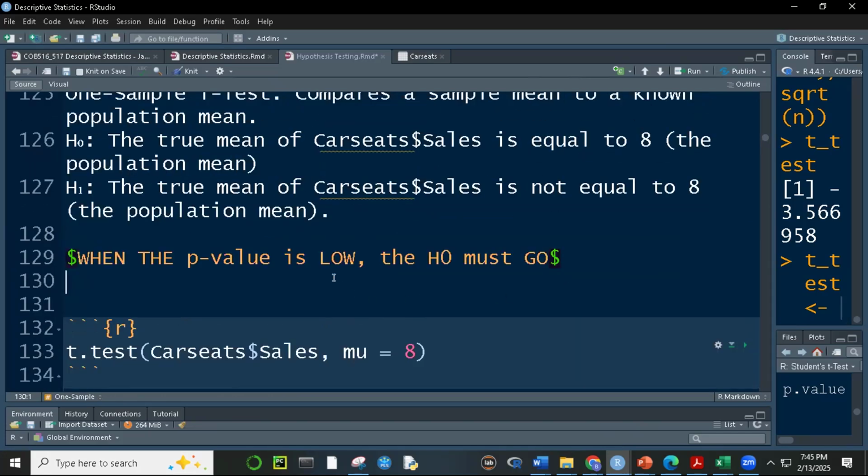It's very low compared to the alpha, our level of significance, which is 0.05. So alpha is equal to 0.05, and we compare the p-value with the level of significance.